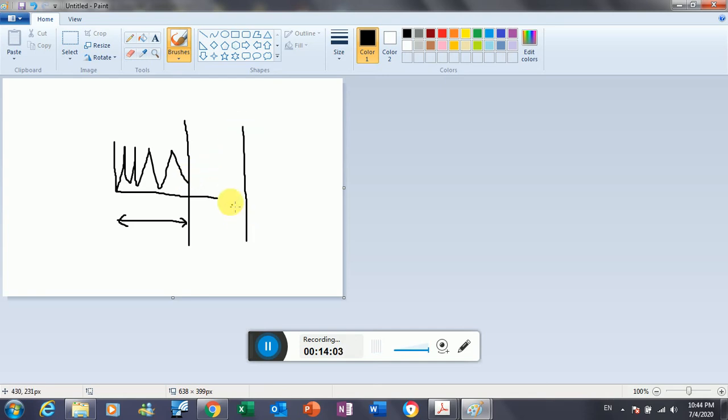But if we take this example, this signal has an infinite number of maxima and minima in this finite period.